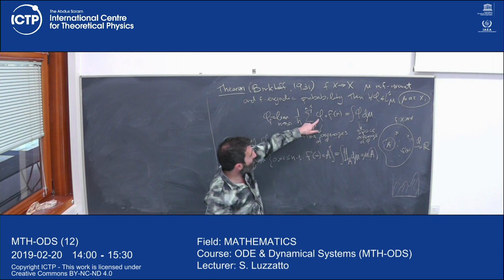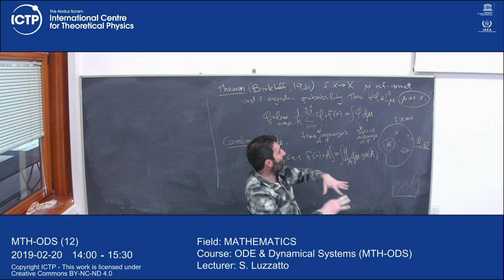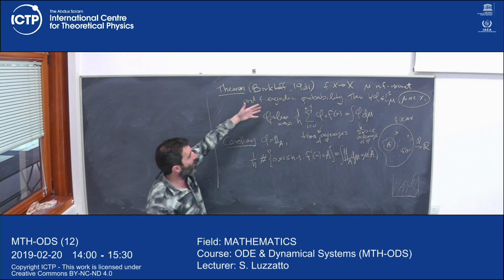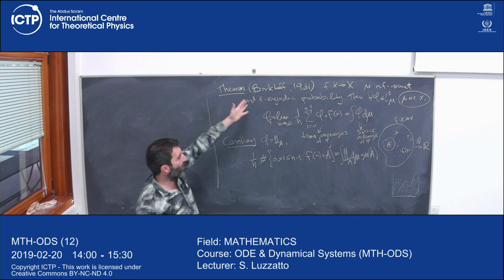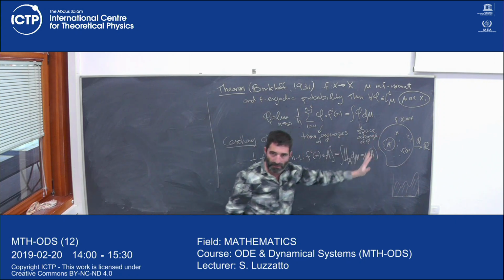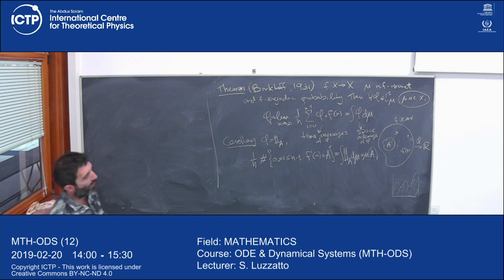Because these are the time averages along the orbit of x, and this is the space average because it's just the average in space as measured with this. So sometimes this is informally talked about as: the Birkhoff ergodic theorem says that for almost every point the time averages converge to the space average. Okay, that's how it is.